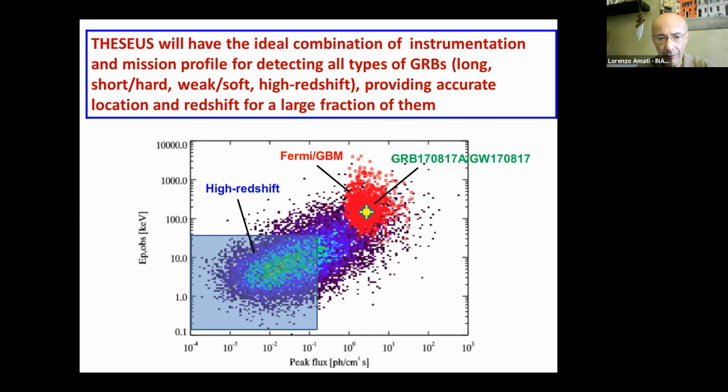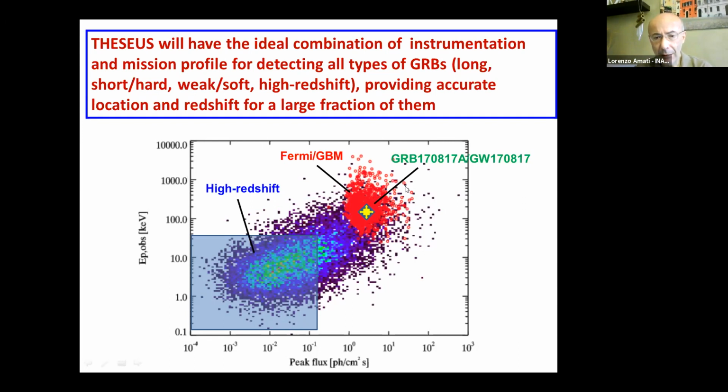If you have a look at the bottom left side of the diagram, there is the bulk of the population of high redshift gamma ray bursts, which are expected to be soft and weak because they are redshifted. Their emission is beyond the capability of current detectors, like the Fermi Gamma Ray Burst Monitor, the red dots here.